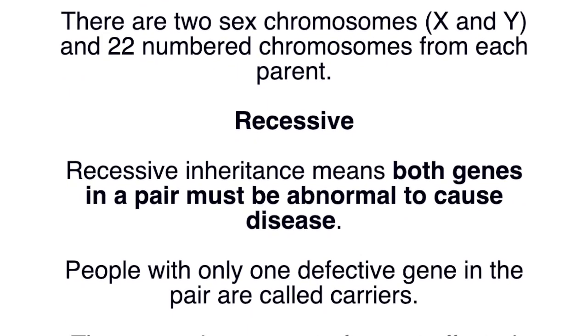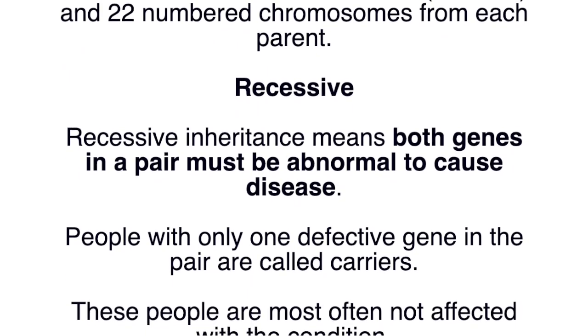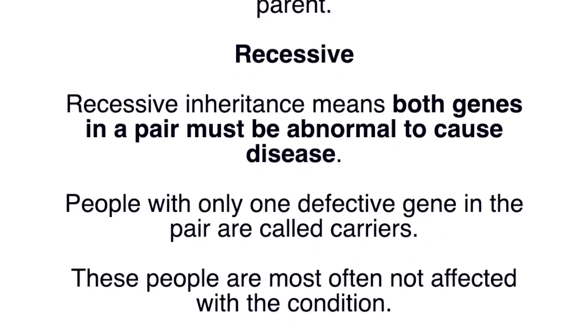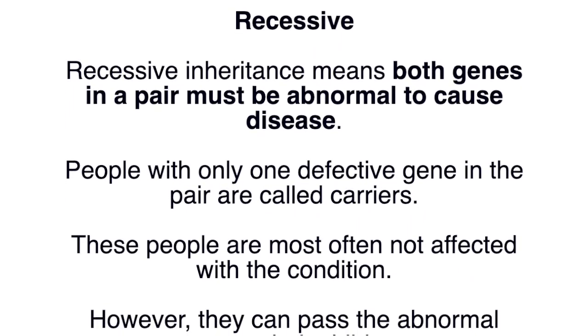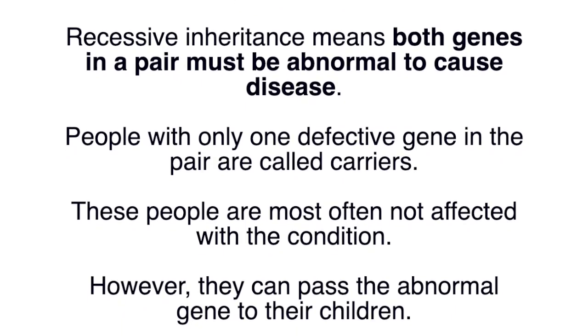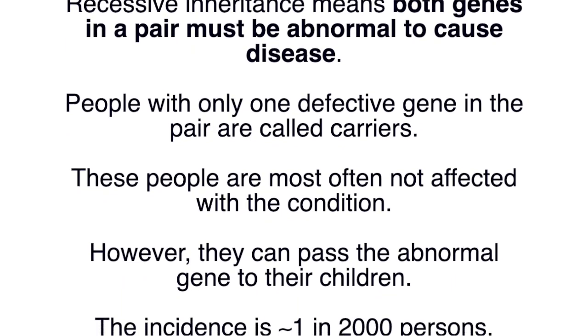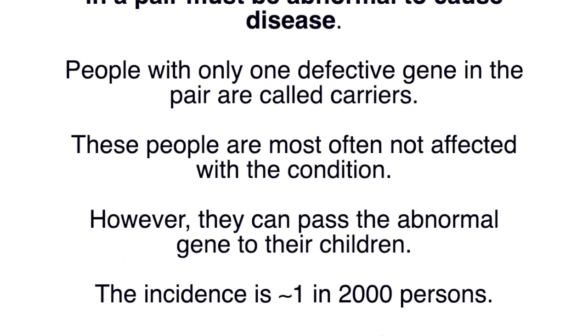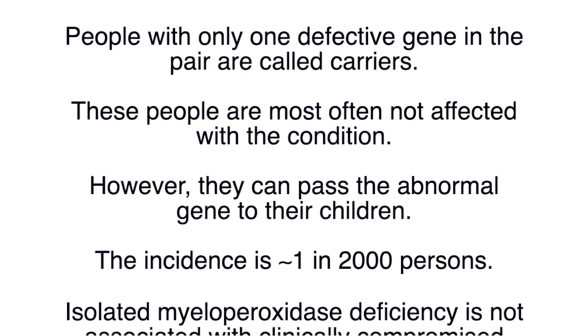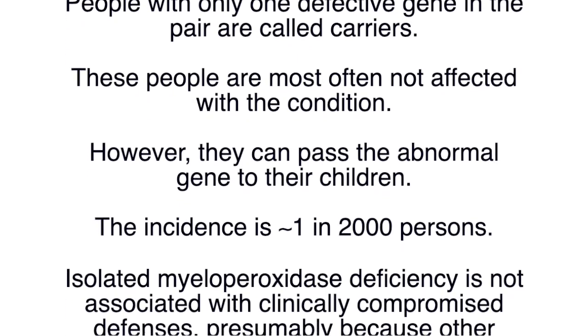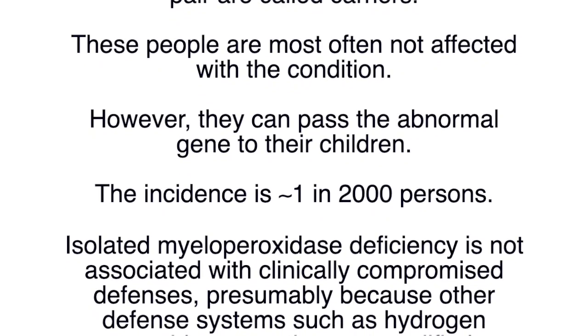Recessive. This means both genes in a pair must be abnormal to cause disease. People with only one defective gene in the pair are called carriers. These people are most often not affected with the condition. However, they can pass the abnormal gene to their children.